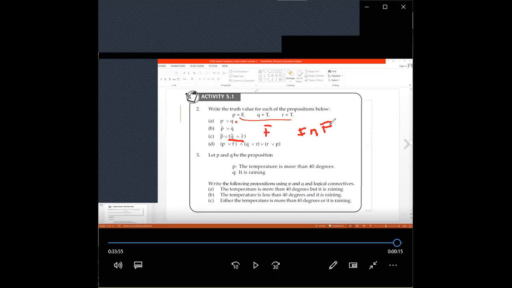So false and false will be false. Then not of P is true. So we have true or false, so it's going to be true instead. That is how you do the analysis. So it's not false.